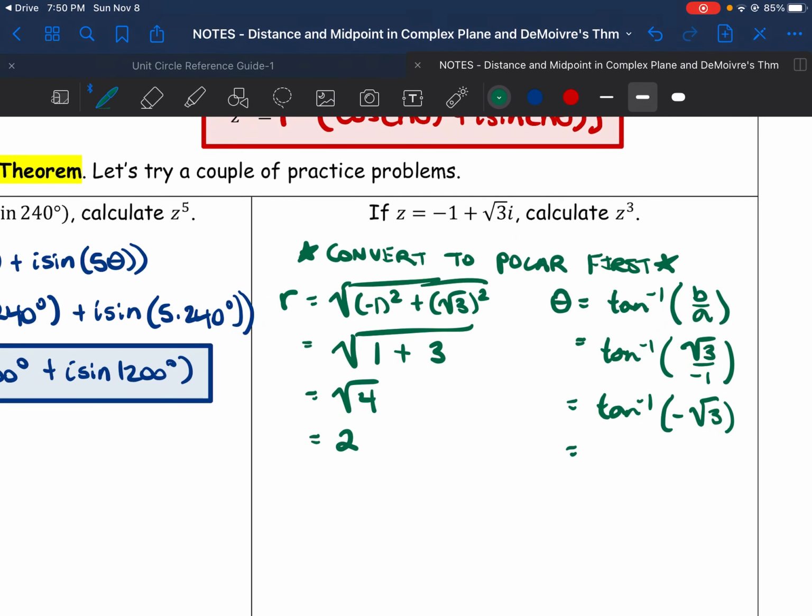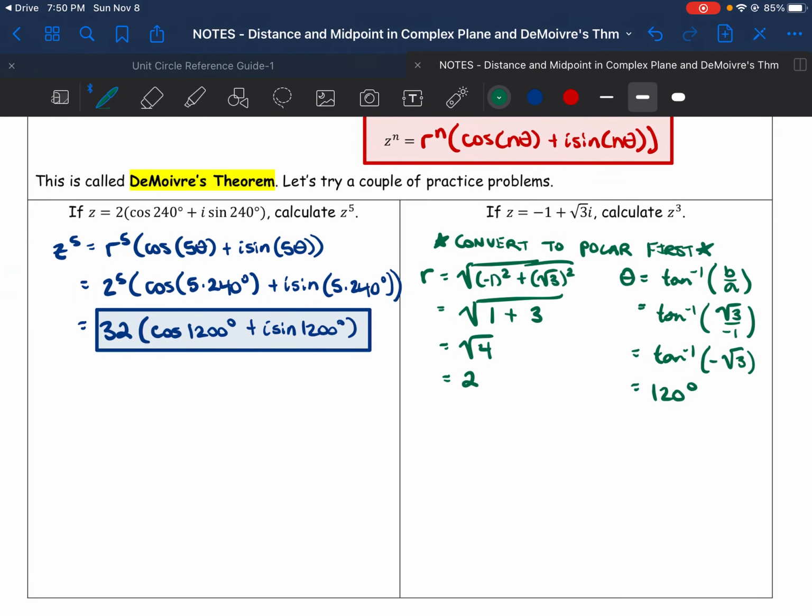So theta equals 120 degrees. That means that in polar form, z would equal 2 cosine 120 degrees plus i sine of 120 degrees. So we've converted to polar coordinates.